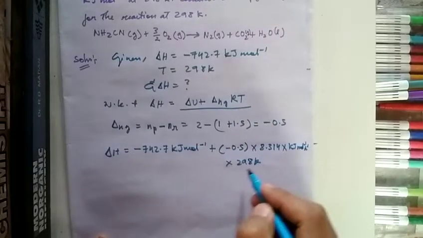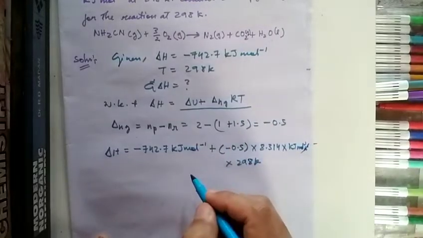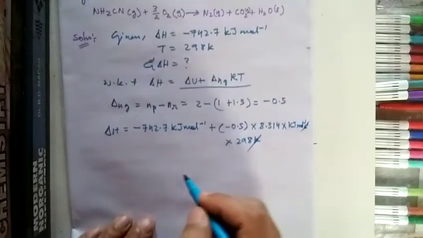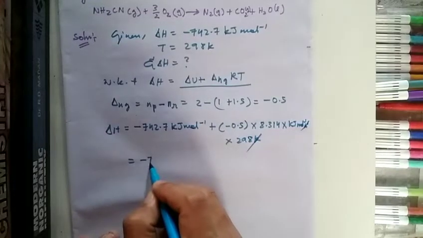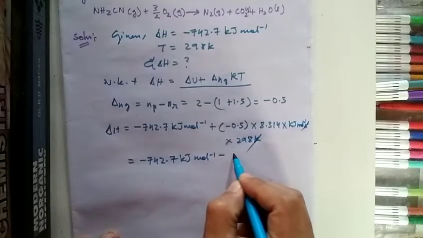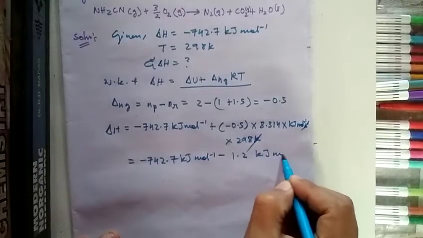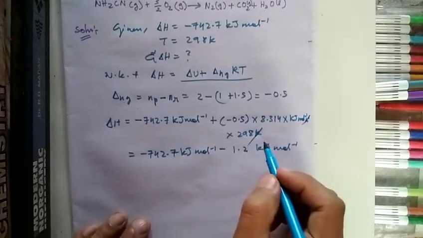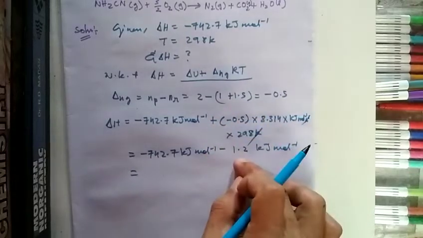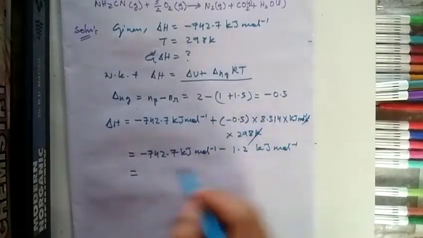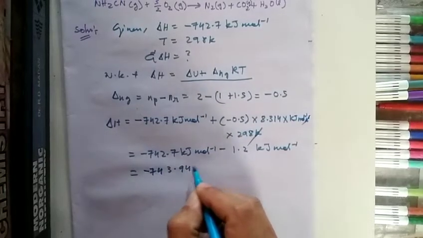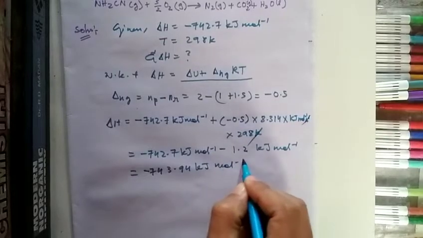So T is this one; Kelvin and Kelvin will cancel. So what we'll get is minus 742.7 kilojoule per mole minus 1.2 kilojoule per mole. If you calculate, you will get minus 743.94 kilojoule per mole.